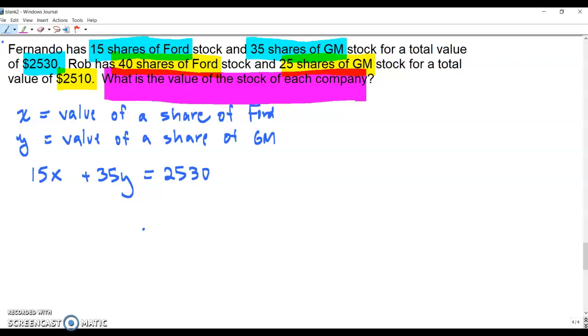Okay, now hopefully you came up with 40X, because Rob has 40 shares of Ford, plus 25Y equals 2,510. So that's our system. It's a little bit different from the other mixture problems where it was X plus Y equals some total number of units we have. It's just two different scenarios, a scenario for Fernando and a scenario for Rob.